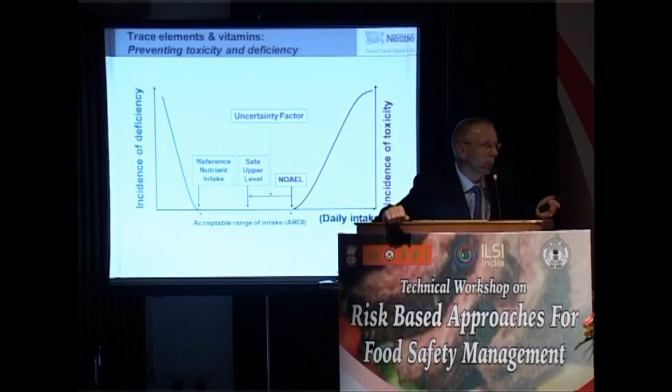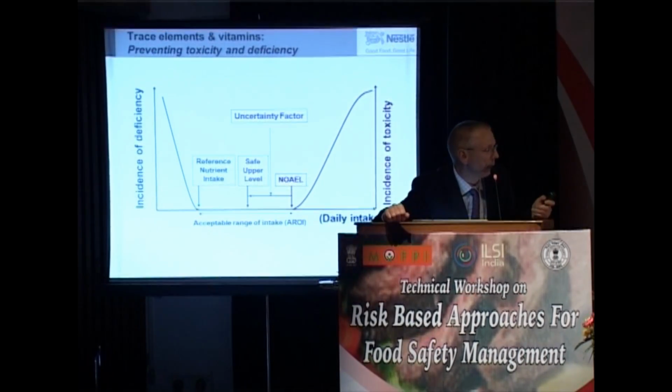But then to establish a safe level of exposure, you need to be very careful not to apply uncertainty factors blindly, because otherwise you will get into a situation where you don't get enough of the micronutrient, and you need to ensure that you are out of this deficiency curve. So you need an exposure which is not higher than this, but not lower than that.